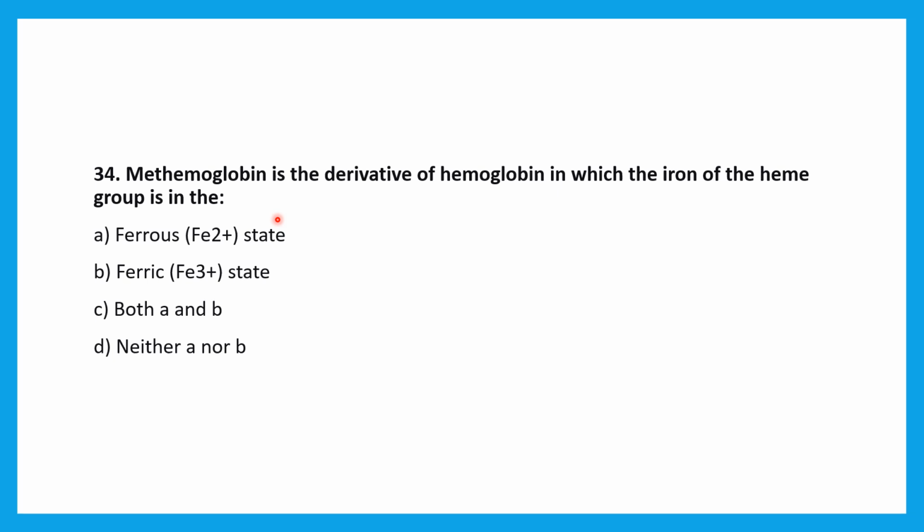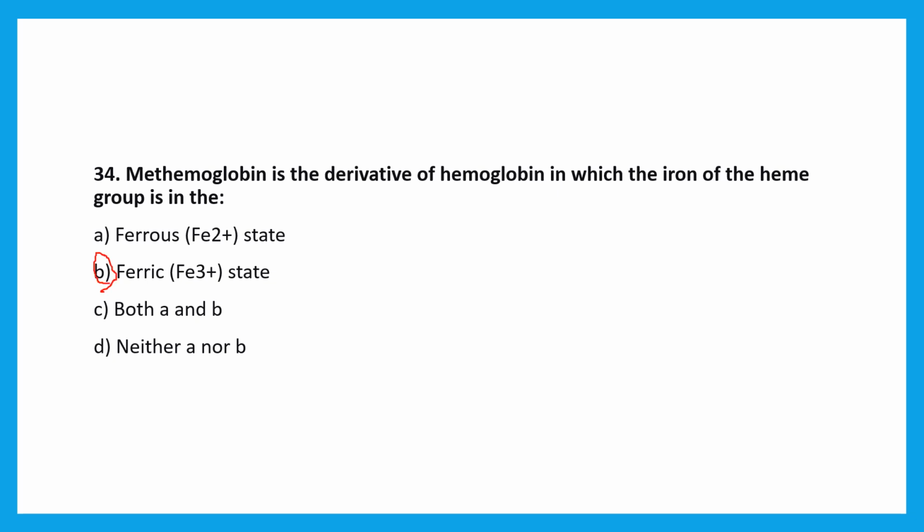In methemoglobin, the iron is oxidized to the ferric state, which cannot bind oxygen, leading to functional anemia and cyanosis. So the ferric state is the correct answer.